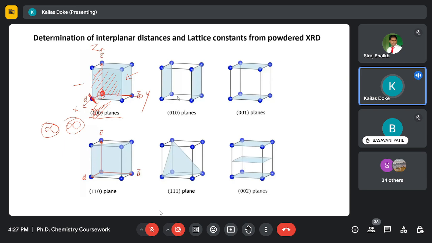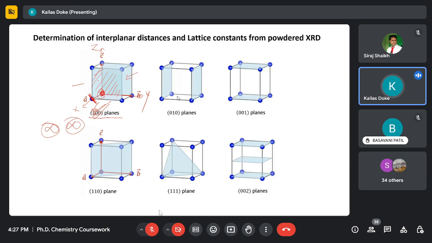Taking the Weiss indices converted into Miller indices, we got the 2, 0, 0 plane. So this plane is called the distance between 2, 0, 0 planes or the distance between 0, 0, 2 planes, depending upon the choice of axis by rotating the axis. So these distances we can determine from the indices of the peaks.